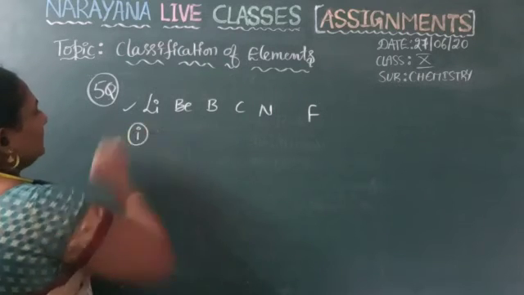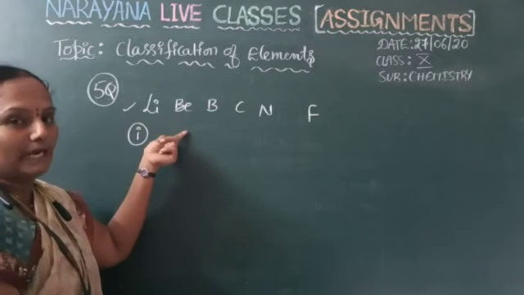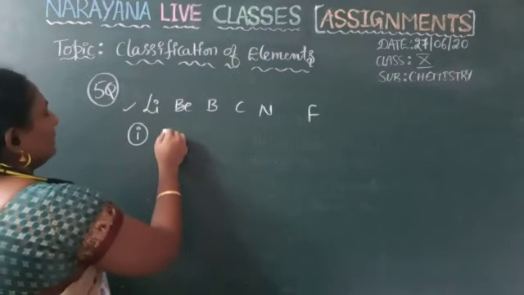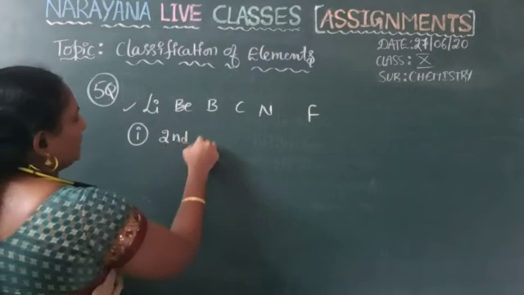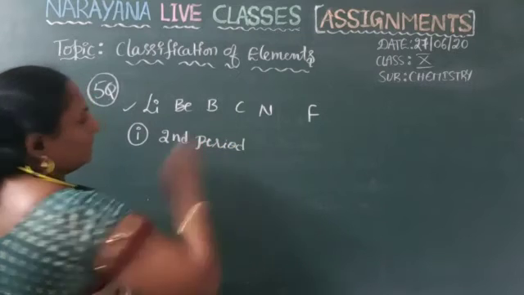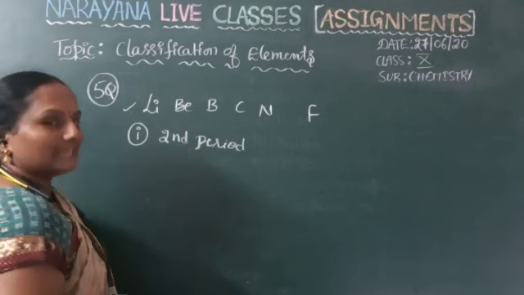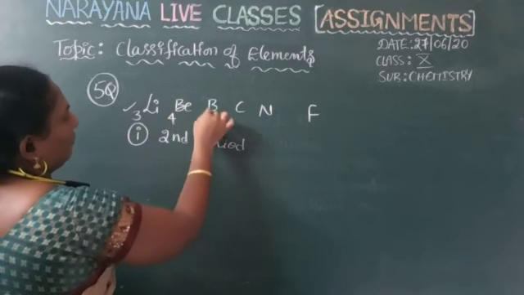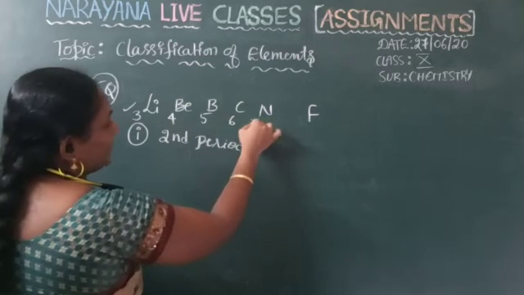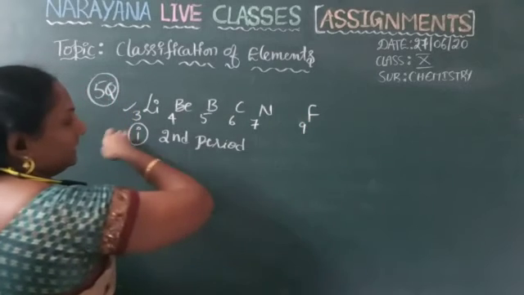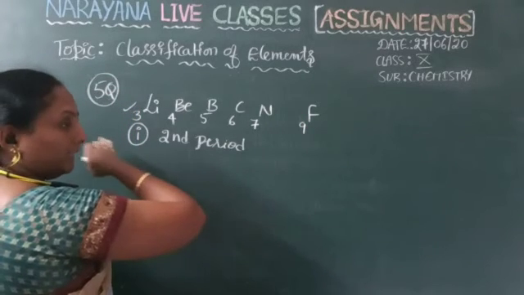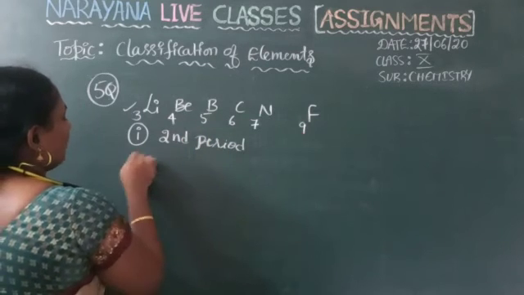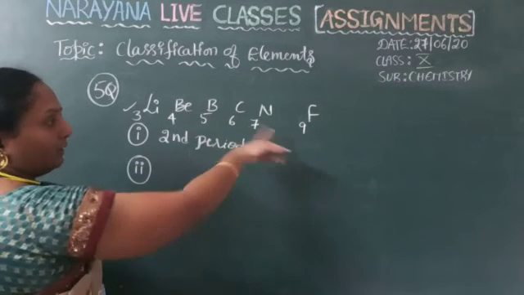First, which period do these elements belong to? They belong to the second period. How can we say that? With the help of their valence shell electronic configuration. The atomic number of lithium is 3, beryllium 4, boron 5, carbon 6, nitrogen 7, fluorine 9. We arrange the elements in the modern periodic table in increasing order of atomic number.